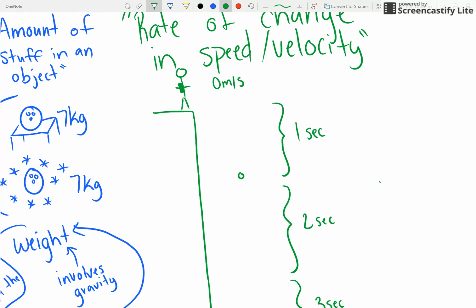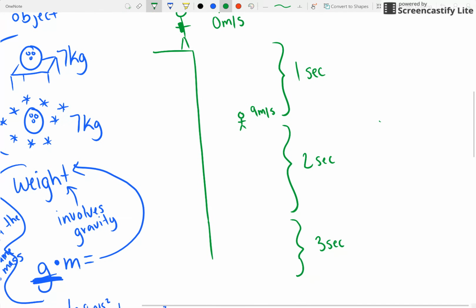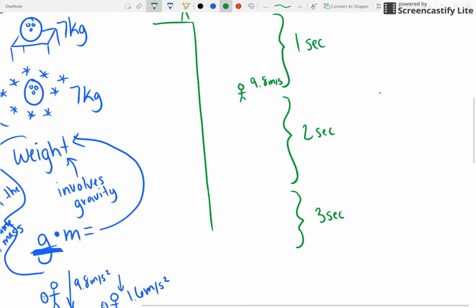After 1 second here, if we ignore air resistance, you're going to be traveling at 9 meters per second. Really, let's just say 9.8 meters per second, to be a little bit closer to the actual quantity.